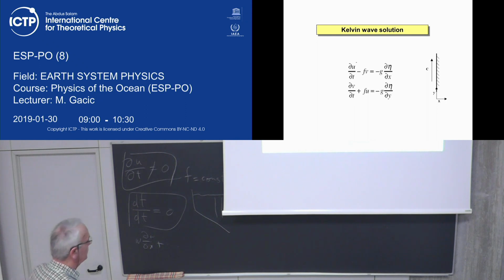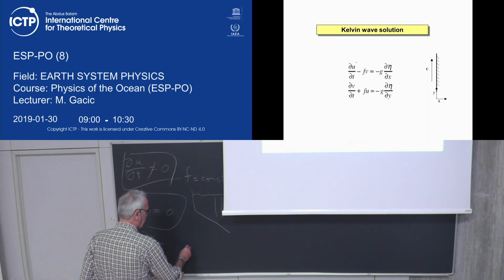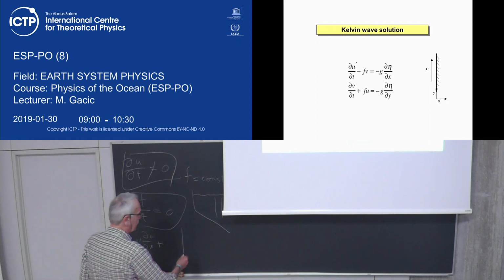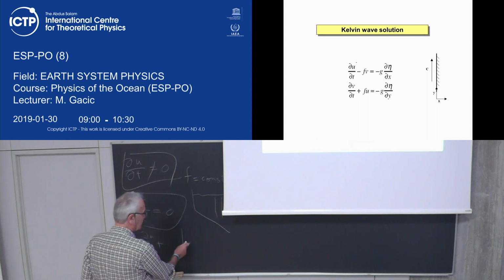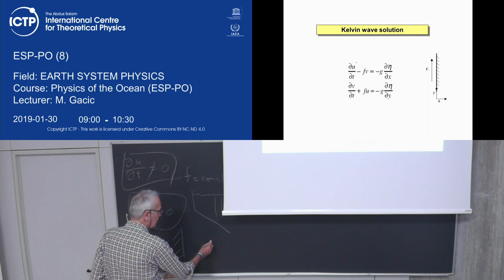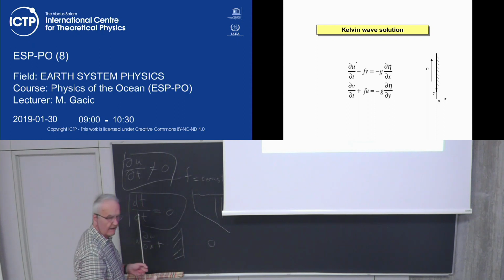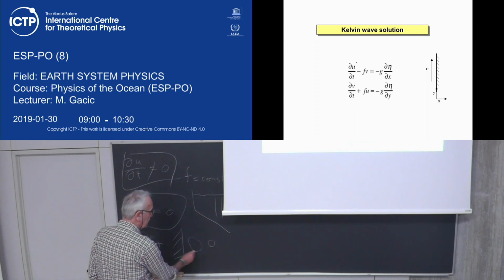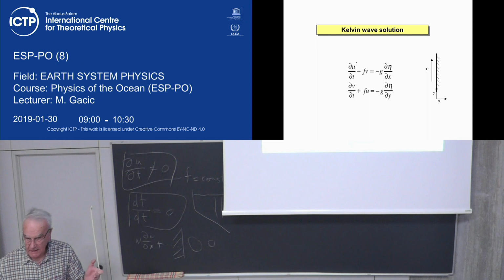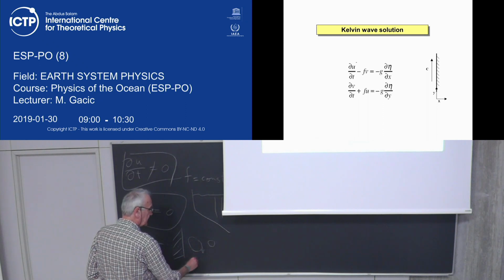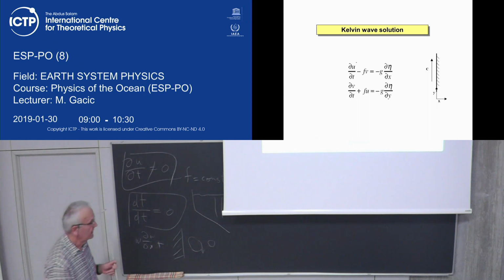And if you look from upward, then here is the deep, here is shallow, this is the coast. What is happening? The water column here is relatively narrow. Here, if you go toward the deeper area, the water column becomes larger. And so here, the water column gains the negative vorticity.